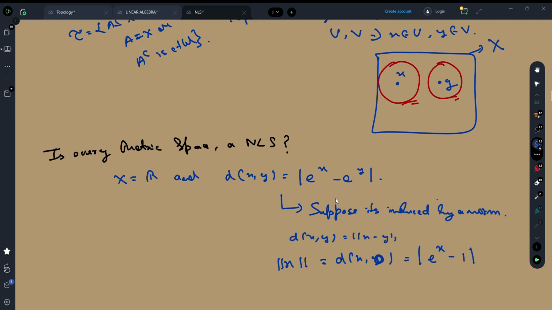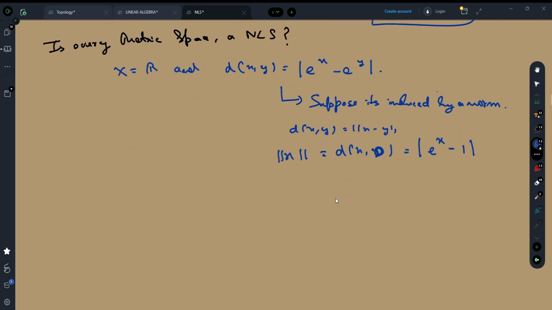So it's e to the power x minus 1, right? What can we say about the scalar multiple? Norm of alpha x will become the absolute value of e to the power alpha x minus 1, but it's obviously not equal to mod of alpha times the absolute value of e to the power x minus 1. That is, it's not equal to mod of alpha times norm x.